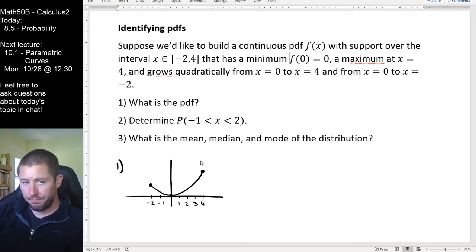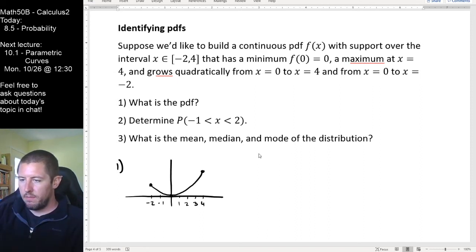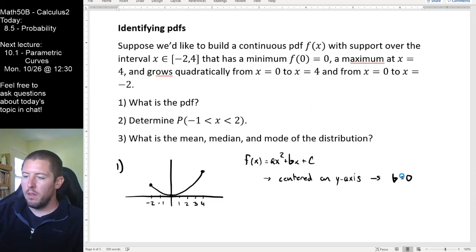So here's what I know. If a quadratic is centered on the y-axis, in general f of x equals ax squared plus bx plus c. But what I know is we're centered on the y-axis. That's going to tell me that b is equal to 0.